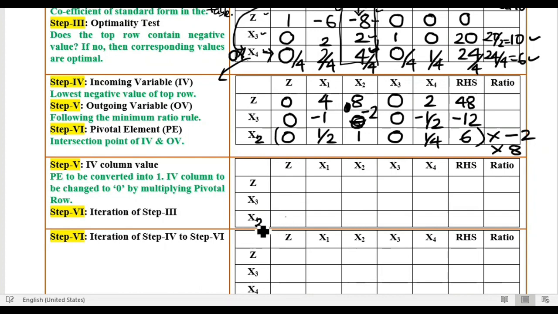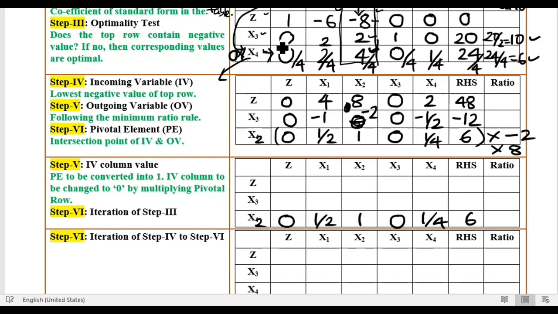So now I'll write the pivotal row as it was earlier: 0, 1 by 2, 1, 0, 1 by 4, and then 6.